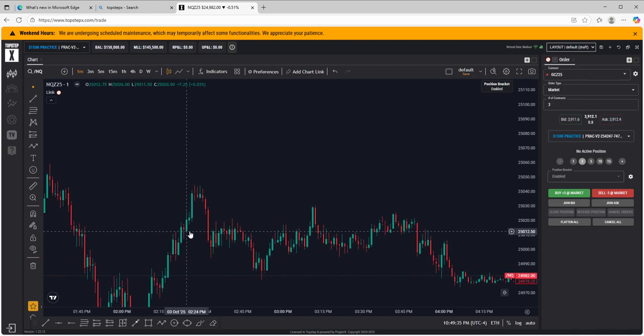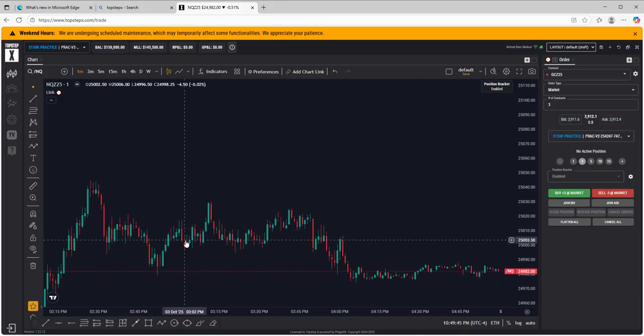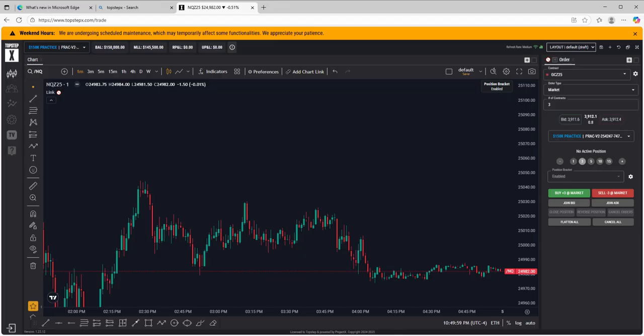We got our high right here, then our low right here, then our high right here, then we just got consolidation. We just wouldn't trade in this. It's not clean at all. You want structure to be super clean. Very key. You should not want to guess what the trend is. You should very easily be able to tell, okay, yes, we're in an uptrend, we're in a downtrend.